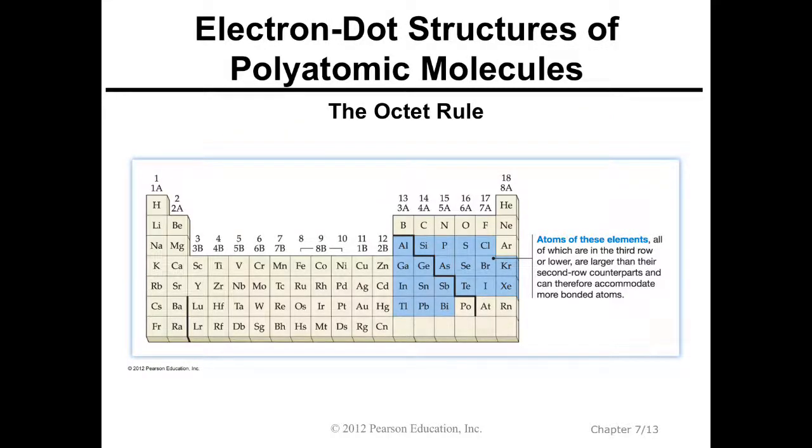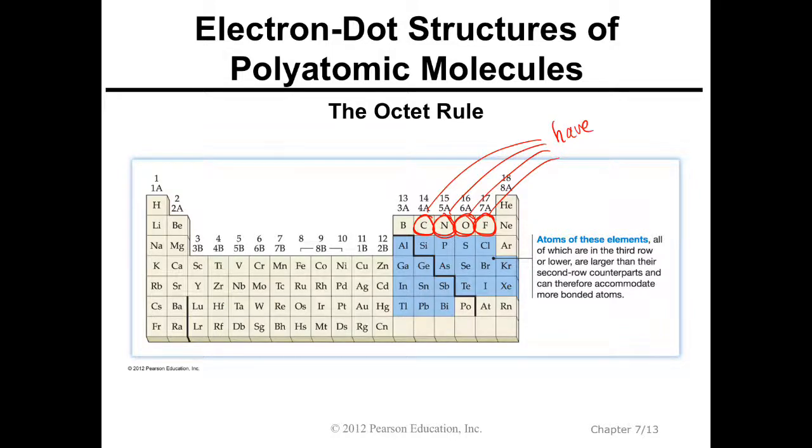All right, so let's talk about the octet rule. What has to be surrounded by 8 electrons? These are really the only atoms that have to be: carbon, nitrogen, oxygen, and fluorine.